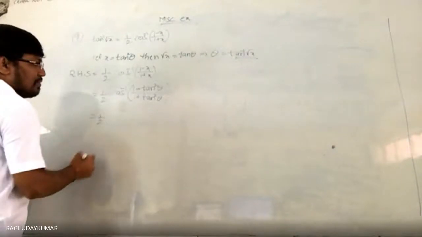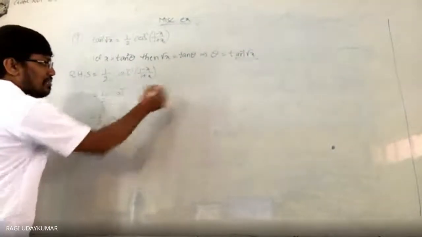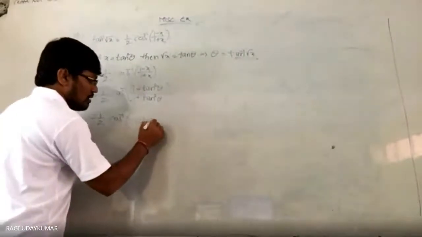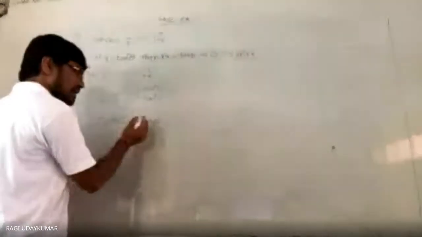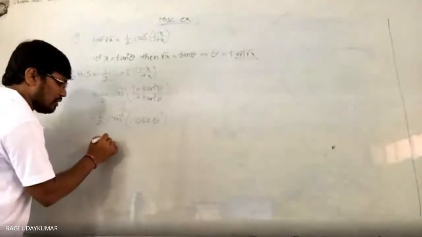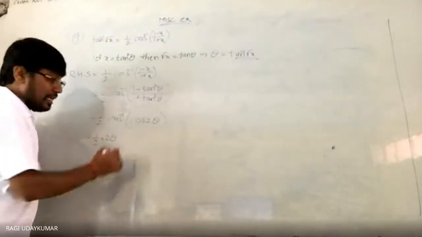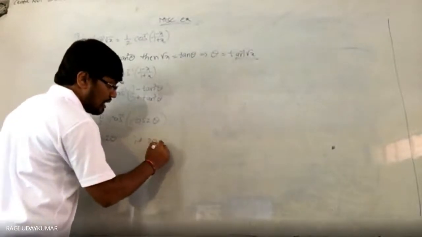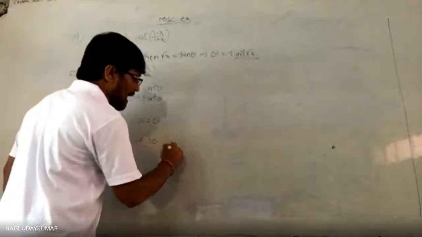So what do you get here? 1 by 2 cos inverse of 1 minus tan square theta by 1 plus tan square theta is cos 2 theta. So now this is equals to 1 by 2 into 2 theta, if 2 theta belongs to 0 to pi.